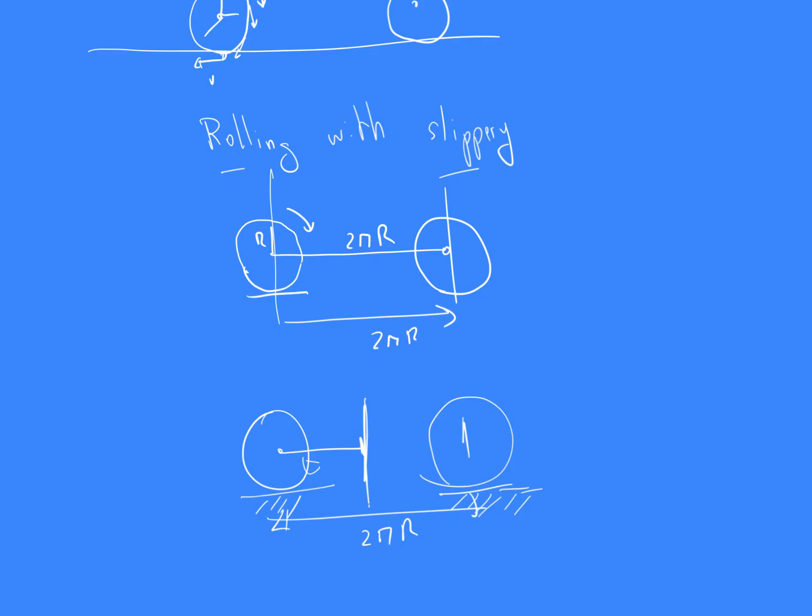So there is friction force here, a static friction, and the tire is moving this 2 pi r when it goes one revolution with no slipping. And with slipping, less than 2 pi r. That's all.